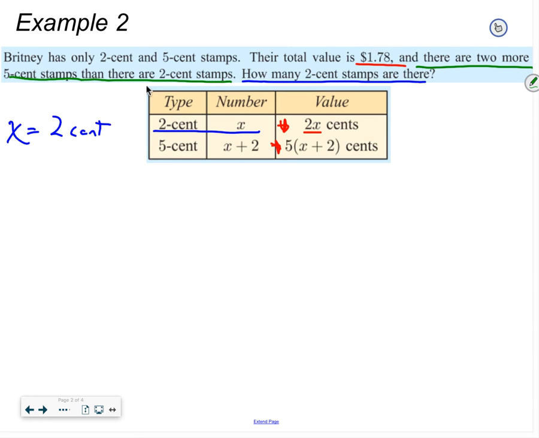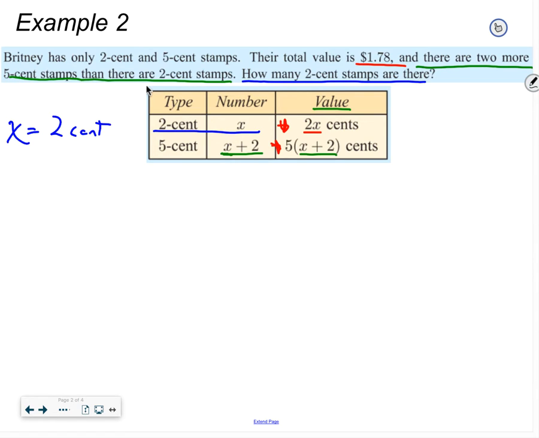There are 2 more 5-cent stamps than there are 2-cent stamps. So if our x is our 2-cent stamps, then plus 2 is going to be how many I have representing my 5 cents. Then, using the same logic, if this is x plus 2, the quantity I have of those times 5 is going to be its value. Okay?